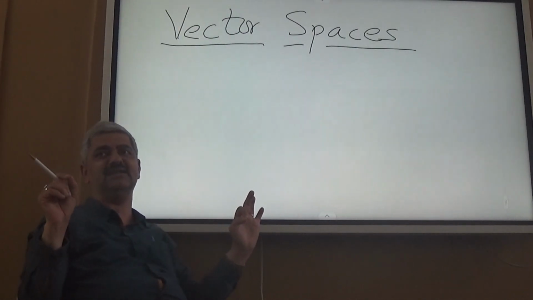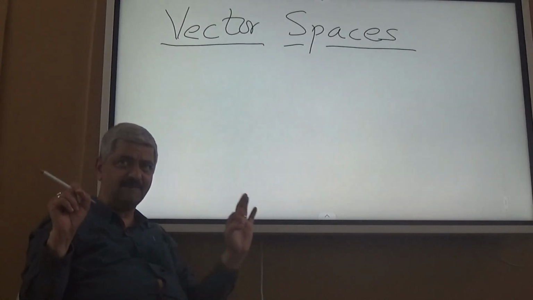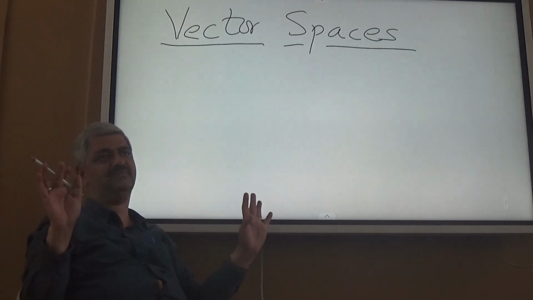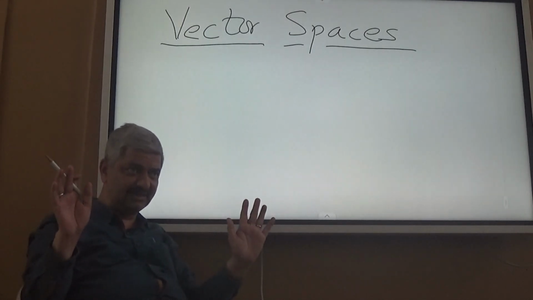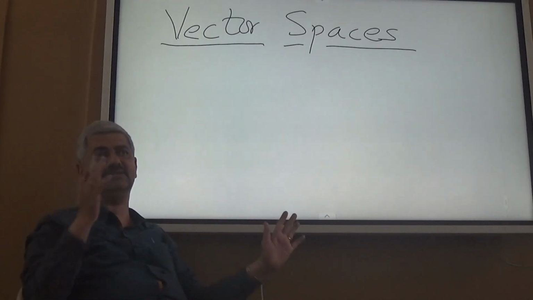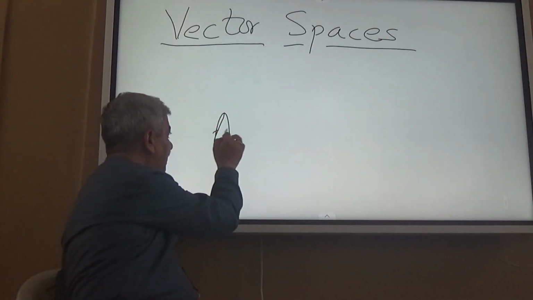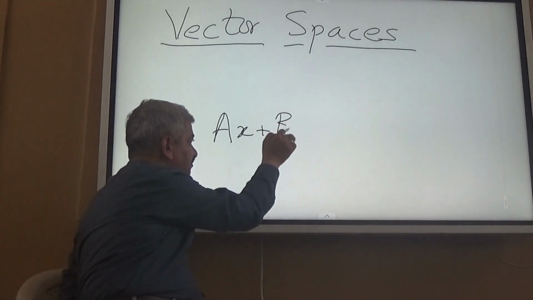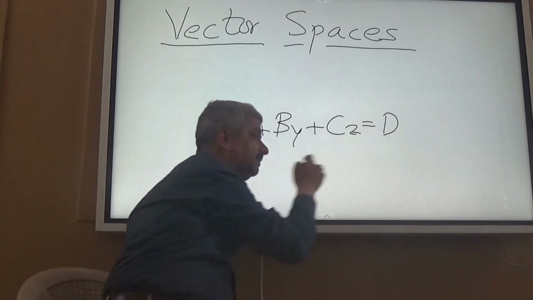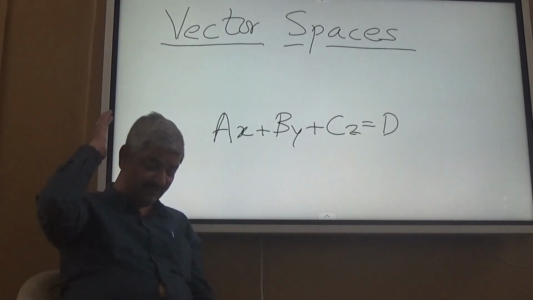That equation may contain something x plus something y plus something z should be some other thing. Are you getting me? So in general, ax plus by plus cz is equal to d. This is very important.